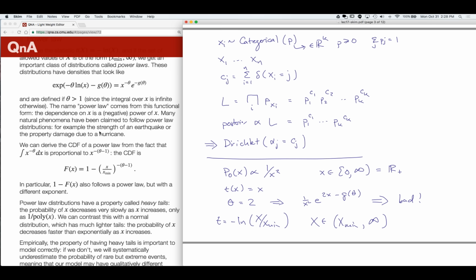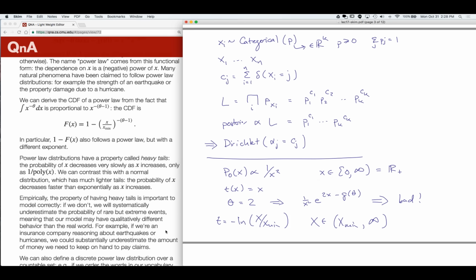That's a big difference. The probability of these extreme events goes down much, much more slowly for a power law than it does for a normal. And empirically, that makes a big difference, because if we try to model a heavy-tailed distribution with a light-tailed model, we're going to systematically underestimate the probability of rare extreme events.